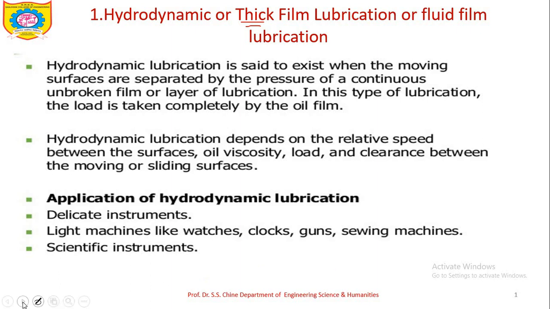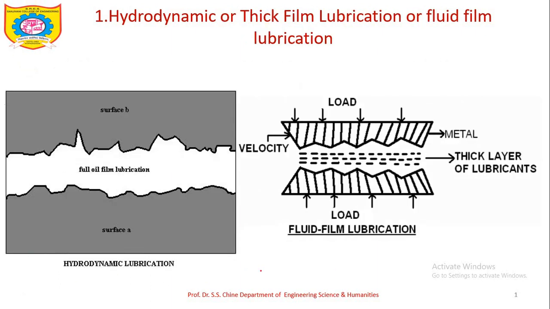So how does this mechanism occur? In such a type of lubrication, one of the rubbing surfaces is slightly displaced in relation to the other and a wedge-shaped film of the lubricant is formed between the two surfaces rubbing against each other. So here are two metal surfaces.